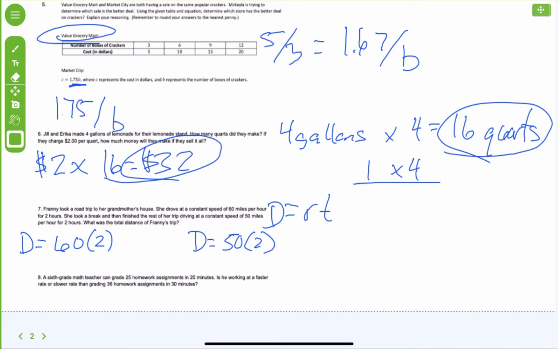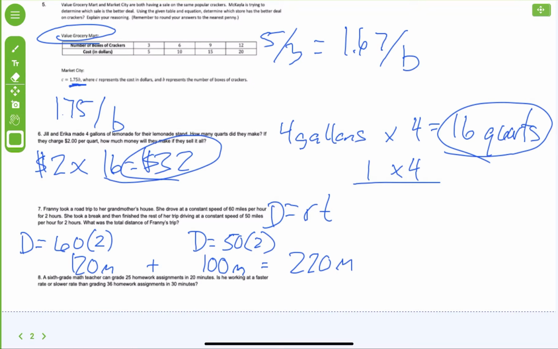Well, what's 60 times 2? That's 120 miles plus 100 miles, because 50 times 2 is 100. So she went 220 miles to her grandmother's house. Okay?